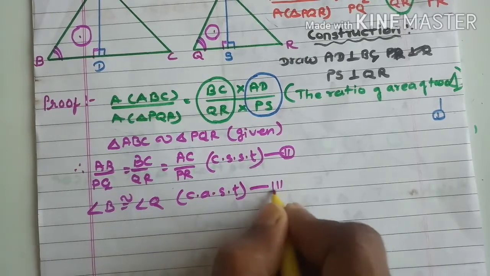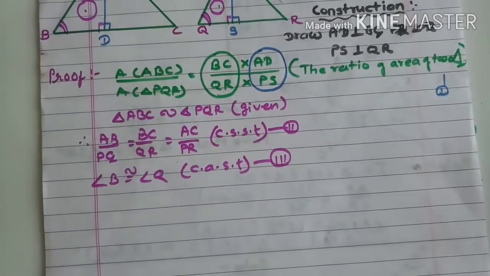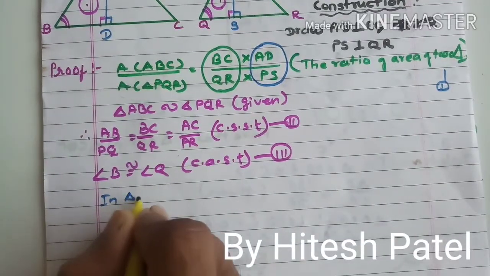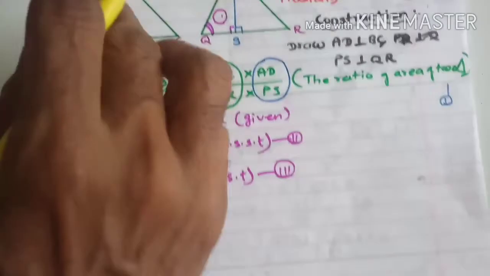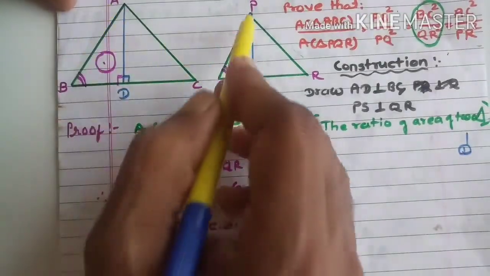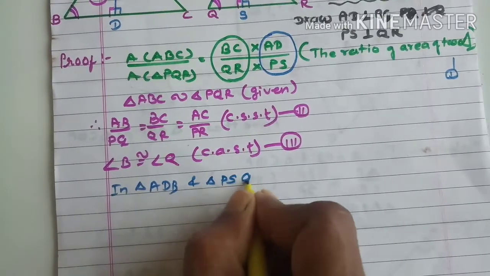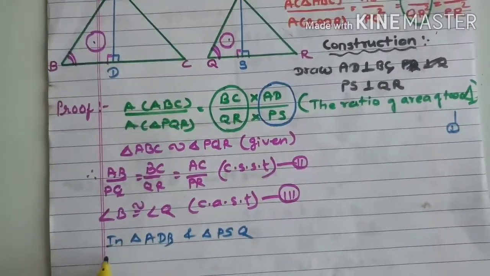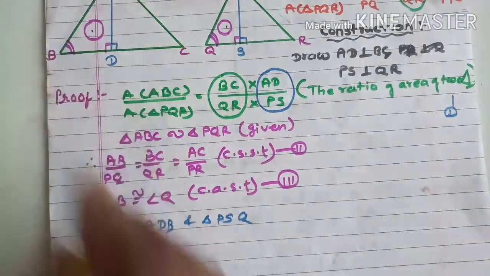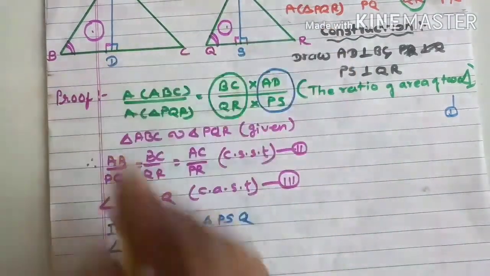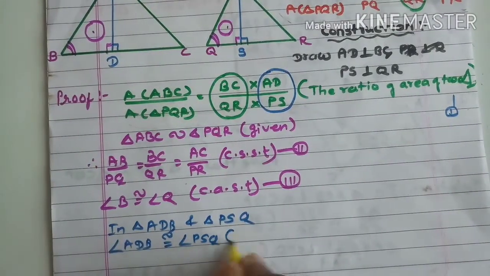This is number 3. Now take the smaller two triangles: in triangle ADB and triangle PSQ, angle ADB is congruent to angle PSQ, each of 90.